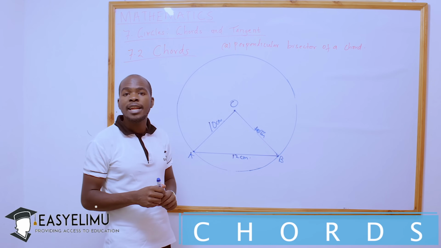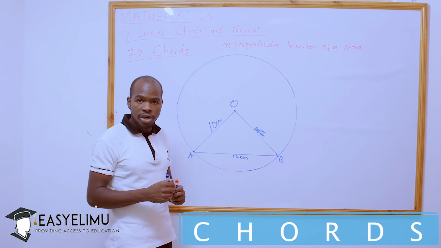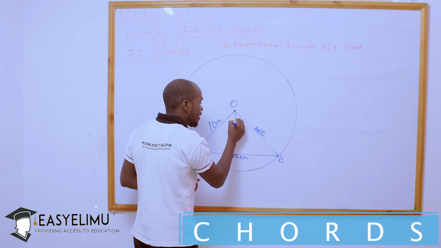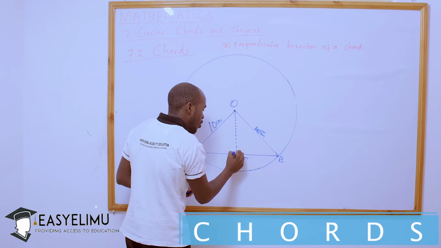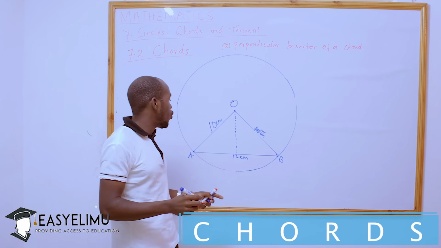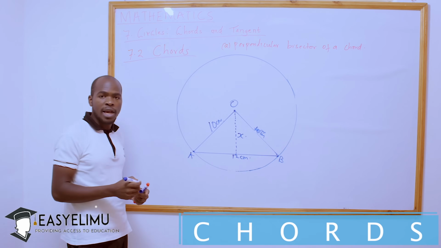So we need to find the distance from the center of the circle to the chord. That just means the perpendicular distance from the center of the circle to that chord, which is the perpendicular bisector of that chord. So we need to find this distance here, and I shall refer to it as x.